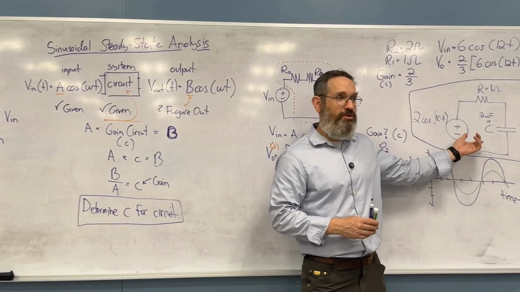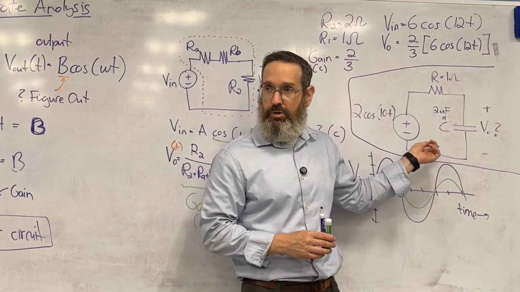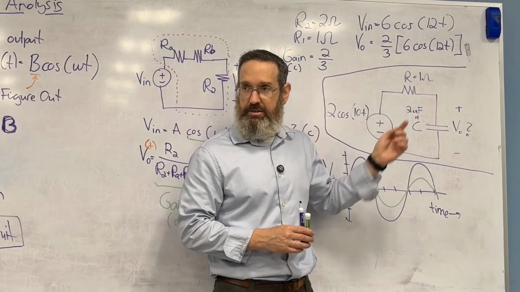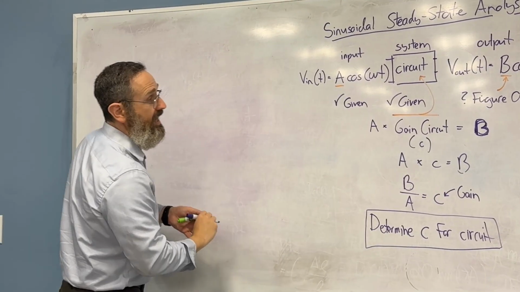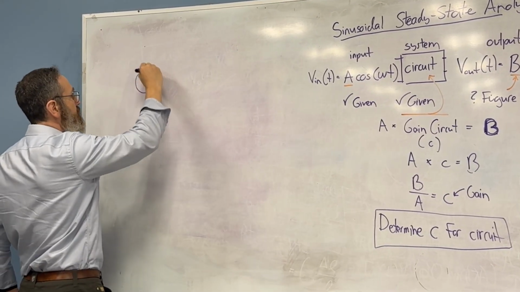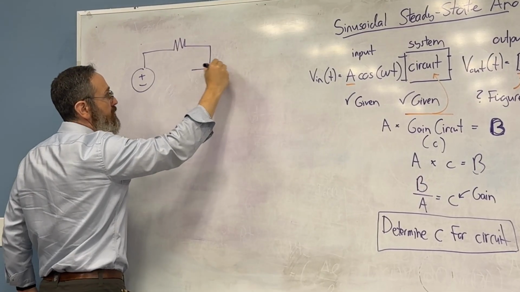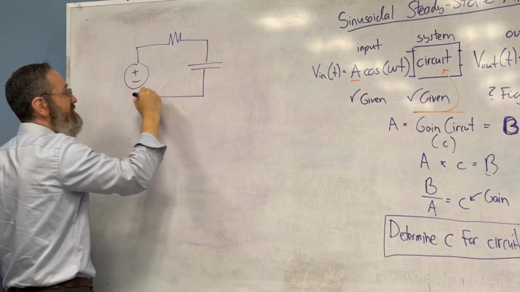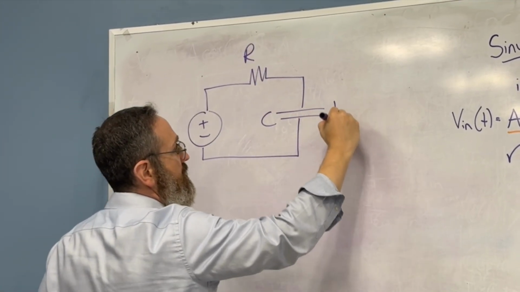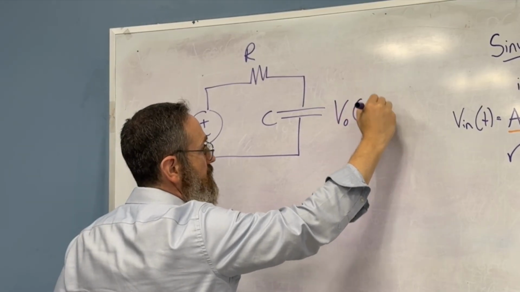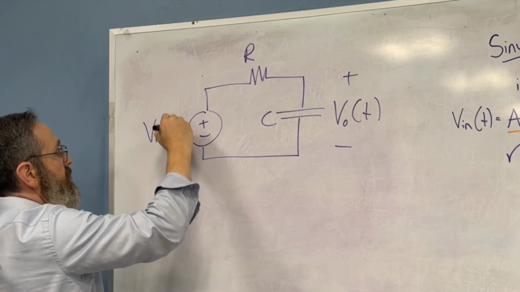So now let's do this one, because this seems kind of like a sinusoidal steady state analysis problem. Let's rewrite it here and work it through. We have an input, and we have a voltage divider, but it's a voltage divider with a capacitor: R, C, V out as a function of time, V in as a function of time.